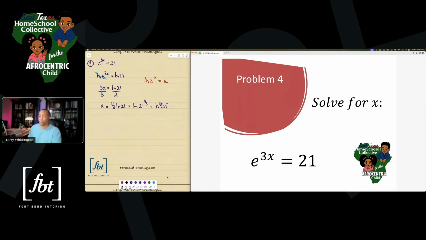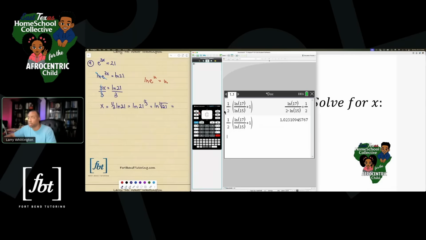Or you can find out what that actual answer is. So let's see what that looks like, sir. If we take the natural log of the cube root of 21, that's another way of saying it. Let's get that result. All right, it gives me that.